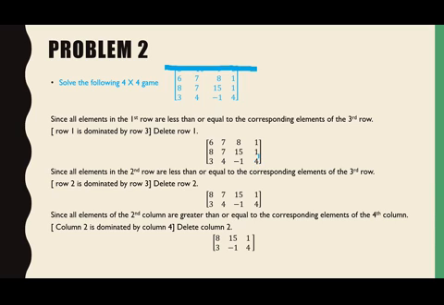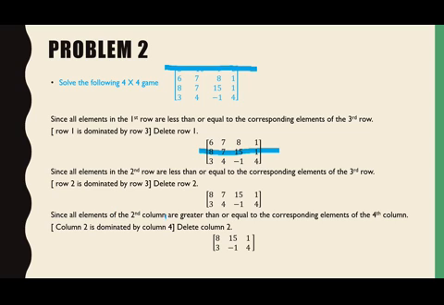No, I have maybe done a small mistake here while copying the problem. This might not be 4, this might be some other value. So that is why row 2 is dominated by row 3. Row 2 is dominated by row 3. I can eliminate row 2.